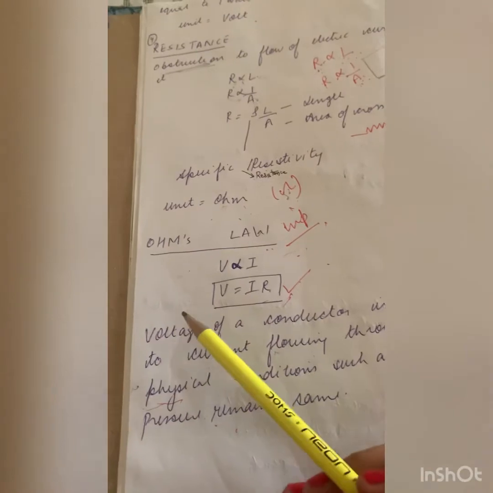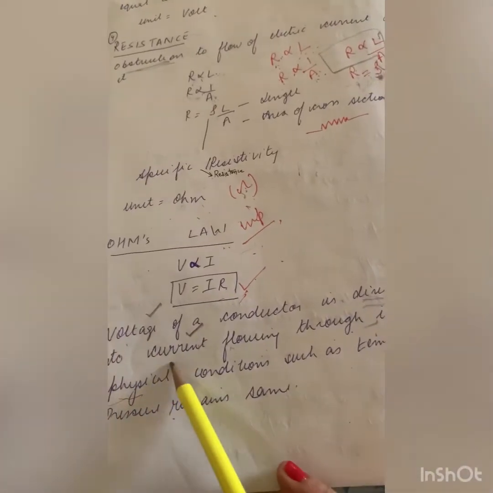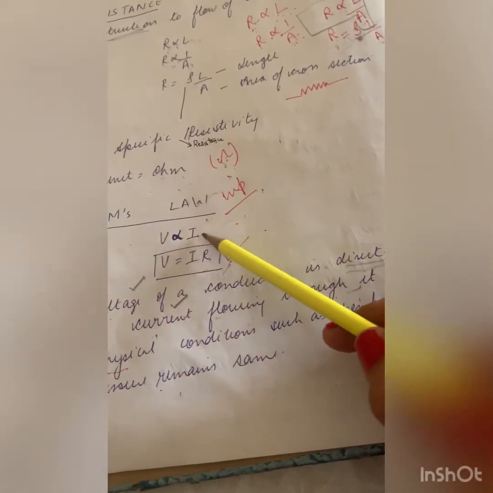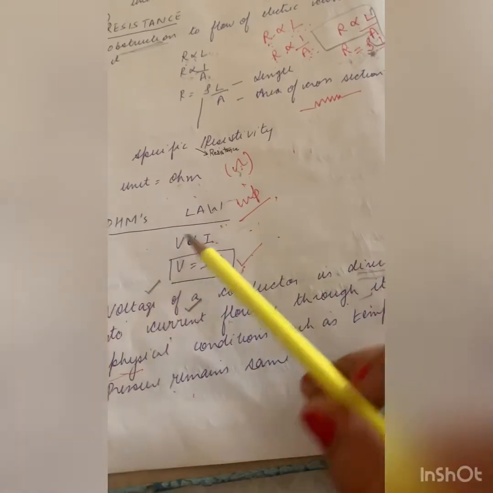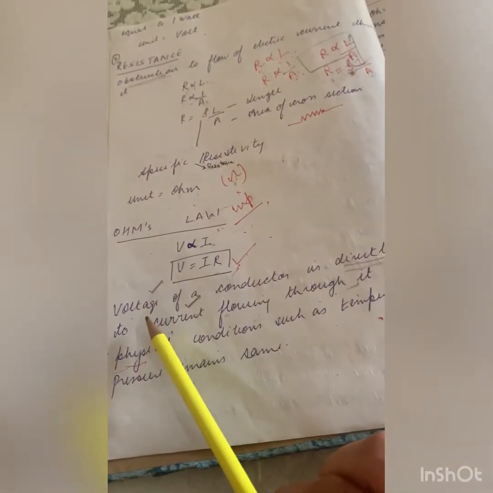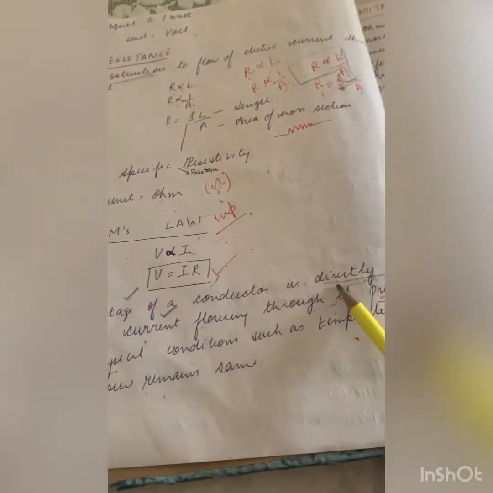Now here are two quantities, one is voltage, the other is current, and the word which we have in it is directly proportional, which means voltage is directly proportional to current. Here it is written, V is directly proportional to I. Again I will repeat, Ohm's law states that voltage of a conductor is directly proportional to current flowing through it, but with a condition.